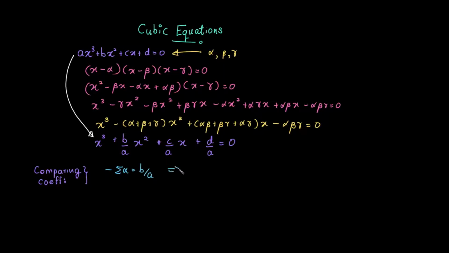This implies that sigma alpha is equal to minus b by a. And you know that alpha beta plus beta gamma plus alpha gamma is given a new notation, sigma alpha beta. That is taking the sum of the product of the roots in pairs. So that's c by a, and the product of the roots is minus d by a by direct comparison.